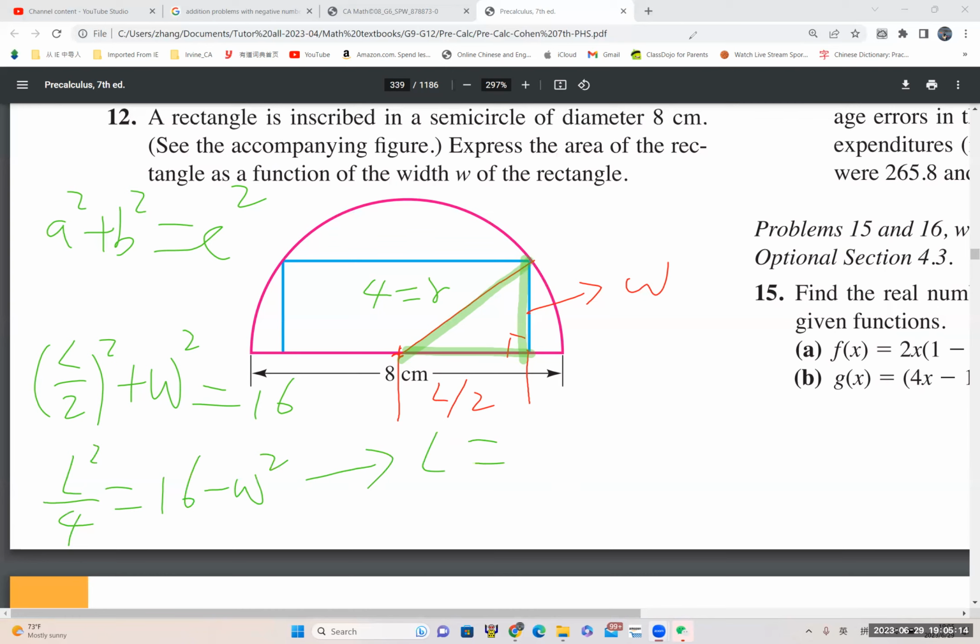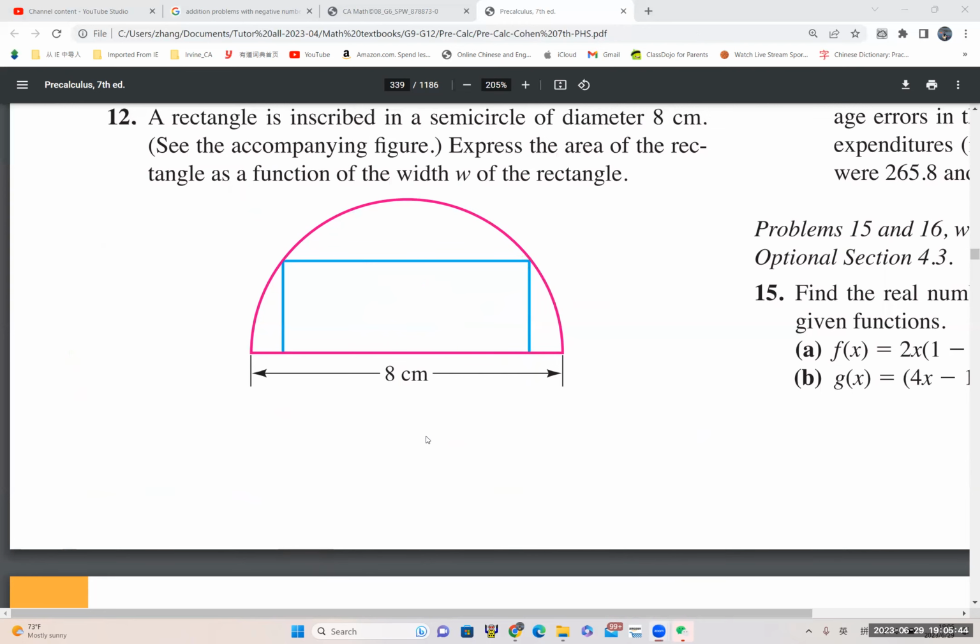We get L equal to double the square root of 16 minus W squared. Then the area as a function of W equals L multiplied by W, so it equals 2W times the square root of 16 minus W squared. Right? Okay.